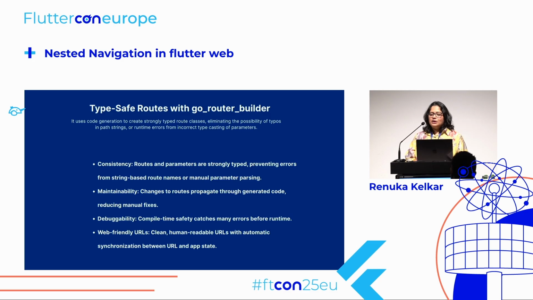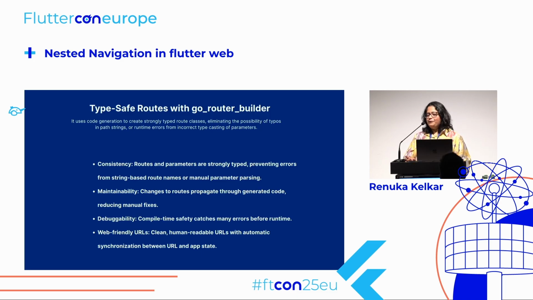So, type safe routes: when you give a name parameter or anything, the name should be a string, or if it's an id it's an int, and with all these types sometimes we get errors, and we don't know about the error until we actually see the application. If we can find this error beforehand, I think this is a really good option, a feature where they support type safe routes. And it helps with the maintainability of your whole set of routes.